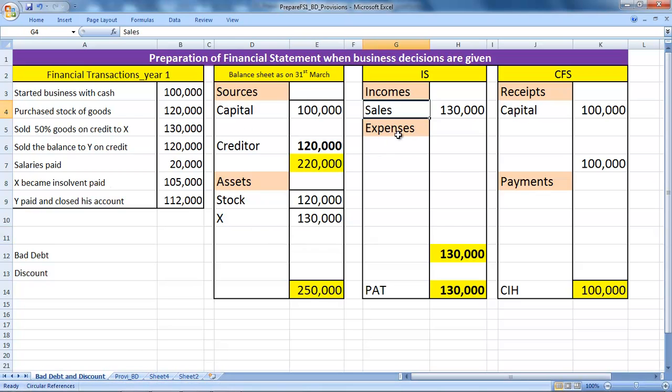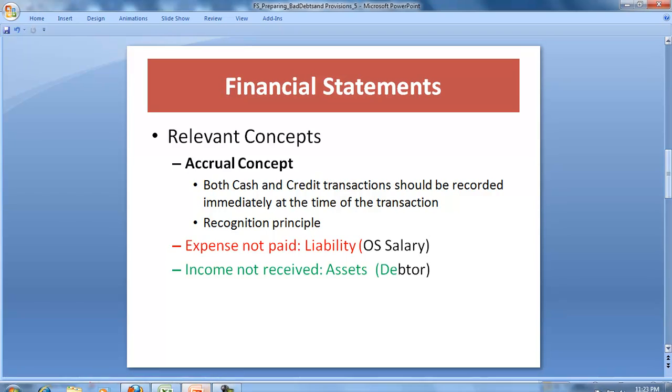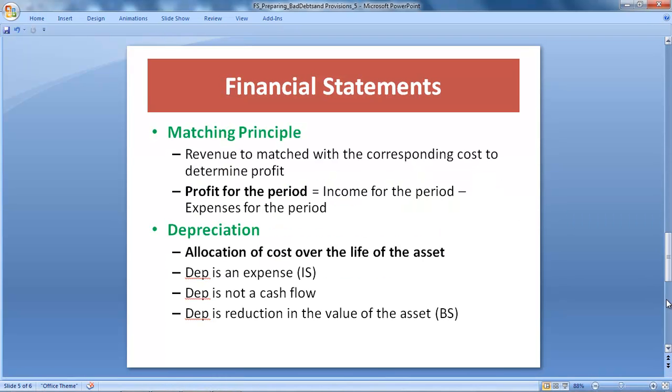And whenever there is a sale, there has to be cost of goods sold, and 50% of this stock, so 0.50, is the cost of goods sold. Why should I show cost of goods sold? Let me again take you back to the principle. In the matching principle, the revenue should be matched with the corresponding cost.